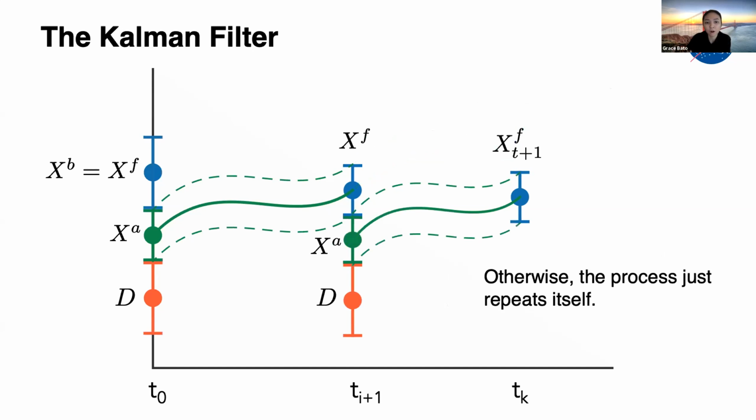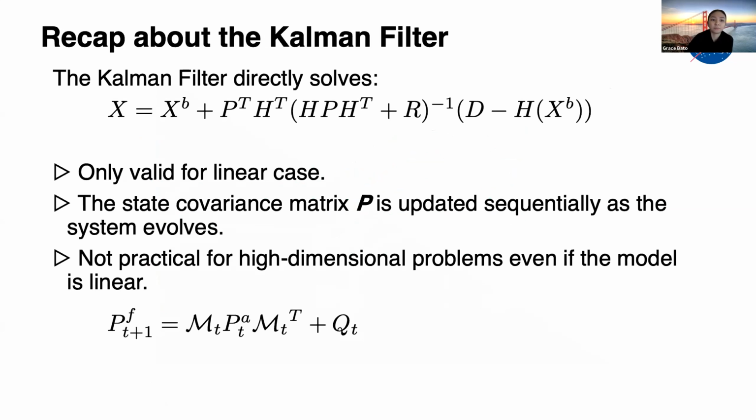But if you have observations, then the process just repeats itself. You calculate XA, you calculate the covariance, and then you arrive at some analysis or prediction or corrected version of your state.